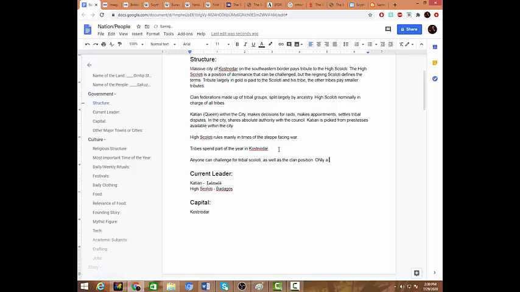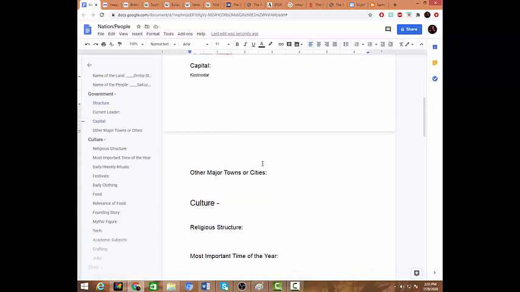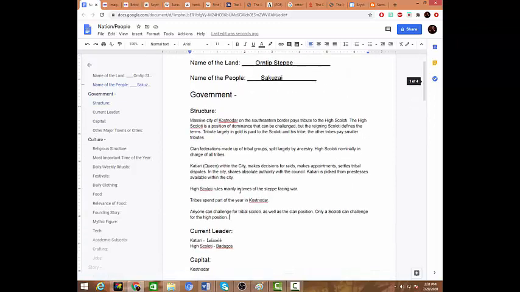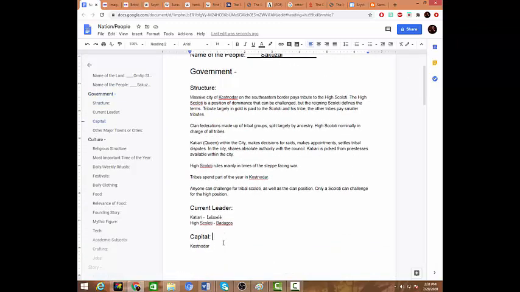Only a Skolatai can challenge. So you have to be actively a Skolatai of a tribe, or reasonably you would want to be the leader of your clan, so that you would have authority by which to challenge the High Skolatai.